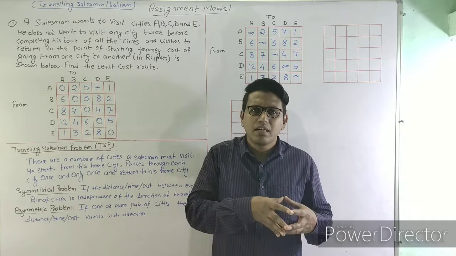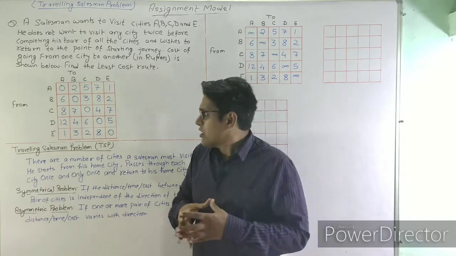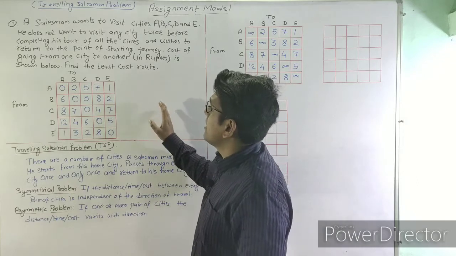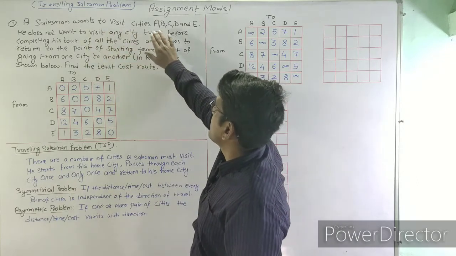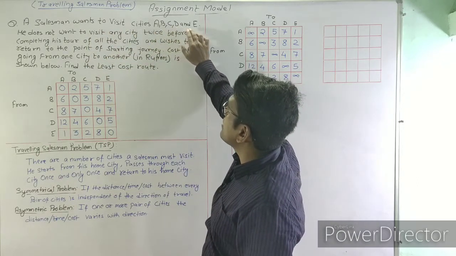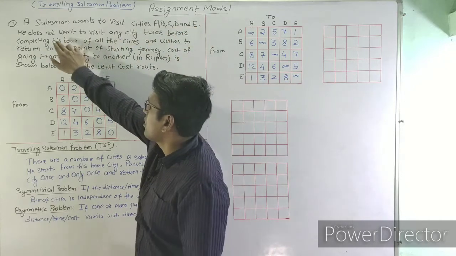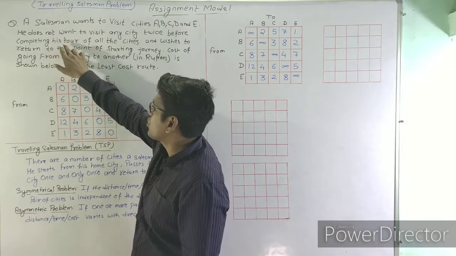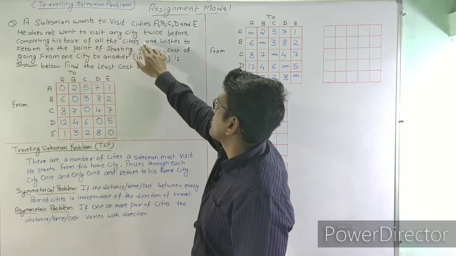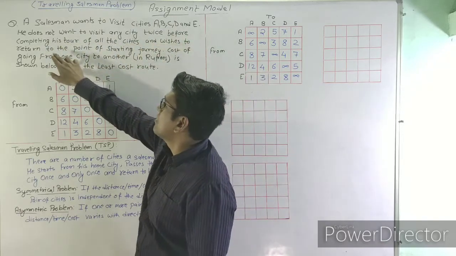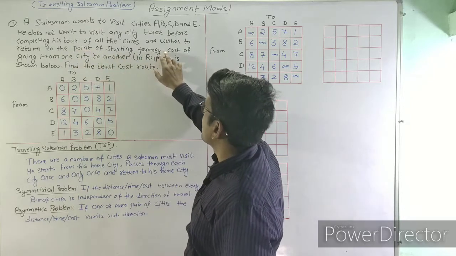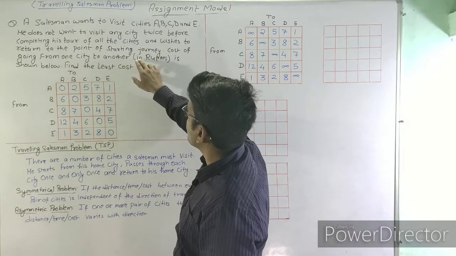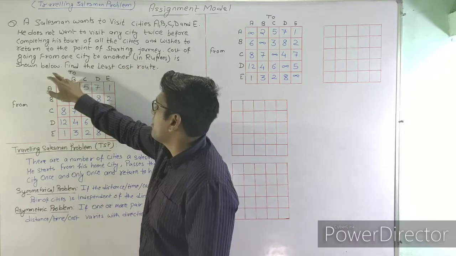Okay, so let us quickly move on to the problem. The problem says that a salesman wants to visit cities A, B, C, D and E. He does not want to visit any city twice before completing his tour of all the cities, and wishes to return to the point of starting the journey. The cost of going from one city to another in rupees is shown below.